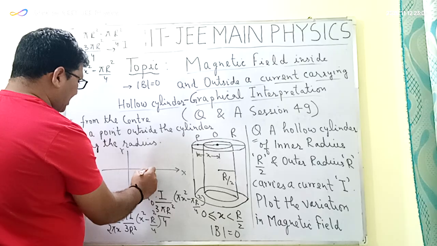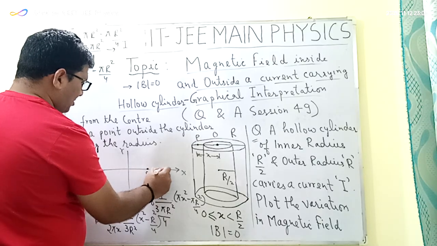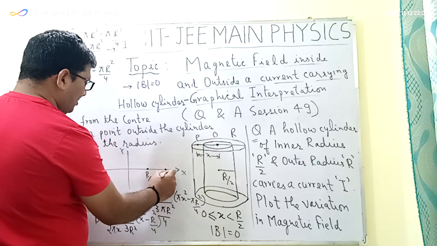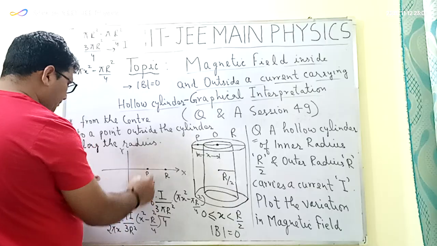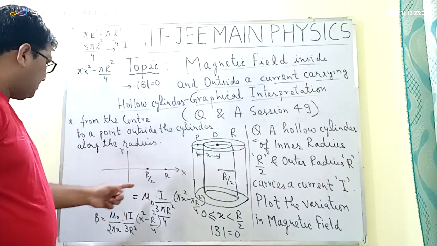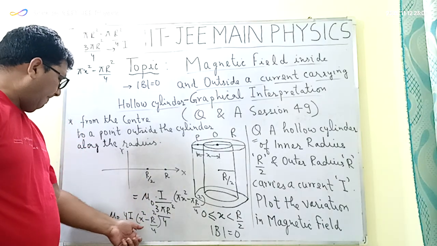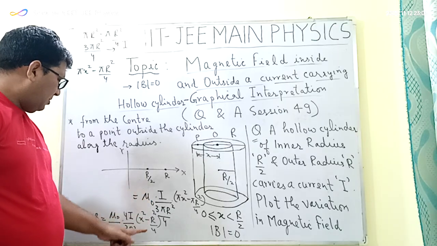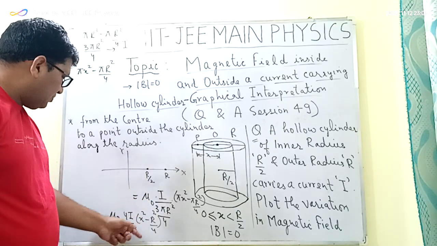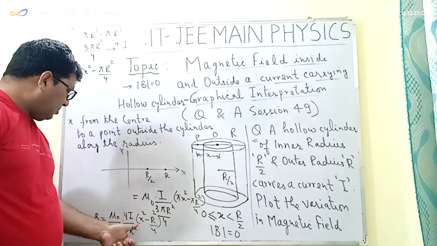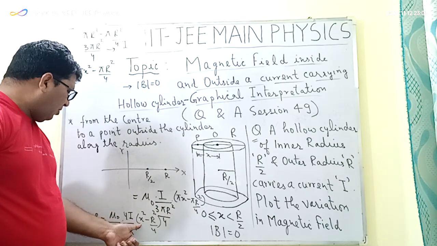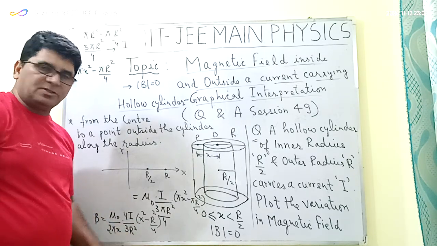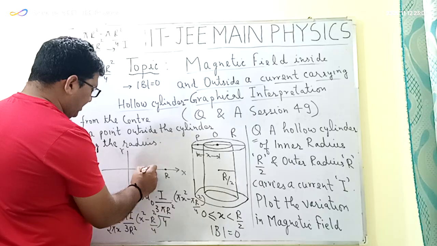Let us say this is r by 2, and this I'm just taking as r. So when x is equal to r by 2, the value of B will be equal to 0. So the first point I am getting here is this one.